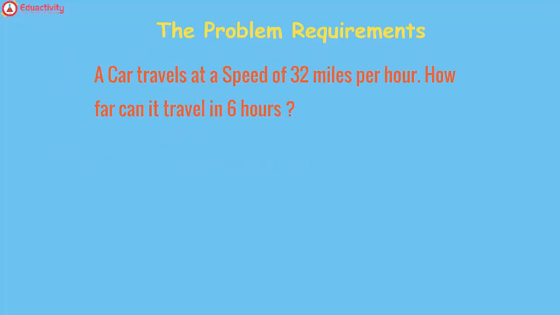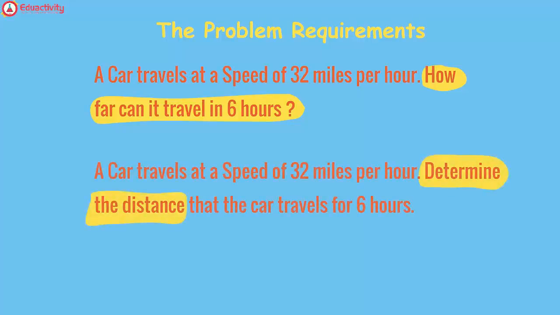Now, let's analyze the requirements. A requirement in a word problem usually appears in one of two ways: as a question, as we can see here, or as an instruction, as shown here.